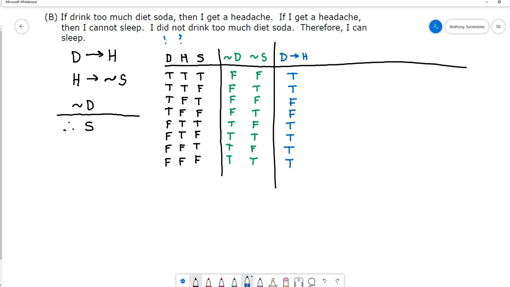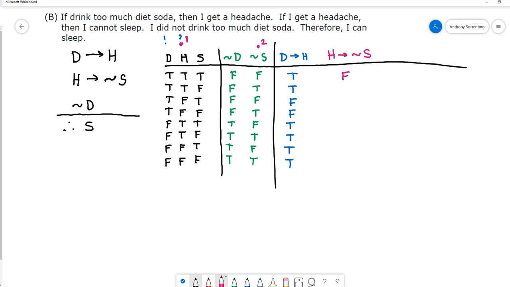The next one I want to look at is if H, then not S. So I'm looking at now this one first and this one second. So when I look at the first instance, H is true, not S is false. Since H is true, the if part is true and the then part is false, this is a false statement.